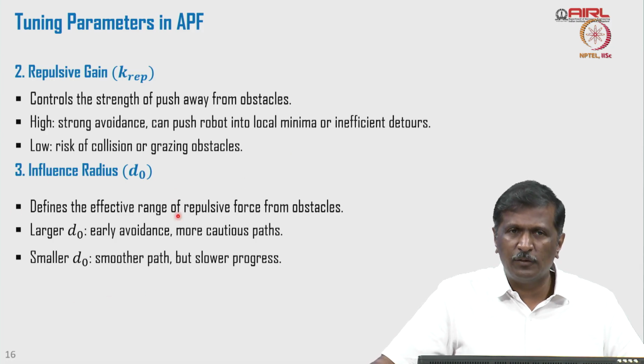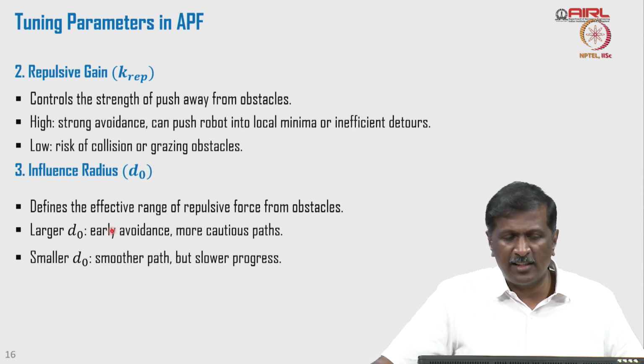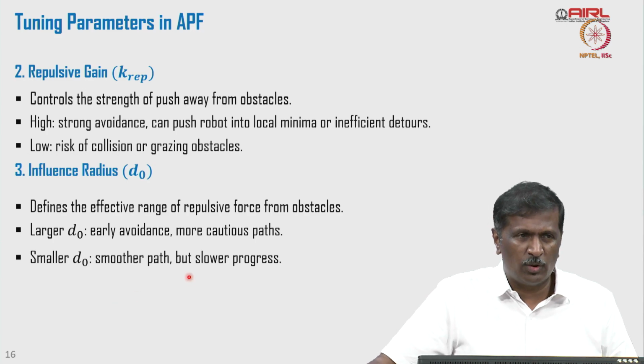Another factor which influences the trajectory is the influence radius D naught, right? It defines the effective range of the repulsive force from the obstacle, how far the repulsive force is going to act. If you put a larger value, right, the drone will start avoiding the obstacle very early and becomes more cautious. If you put smaller, you will see the drone start avoiding the obstacle much later.